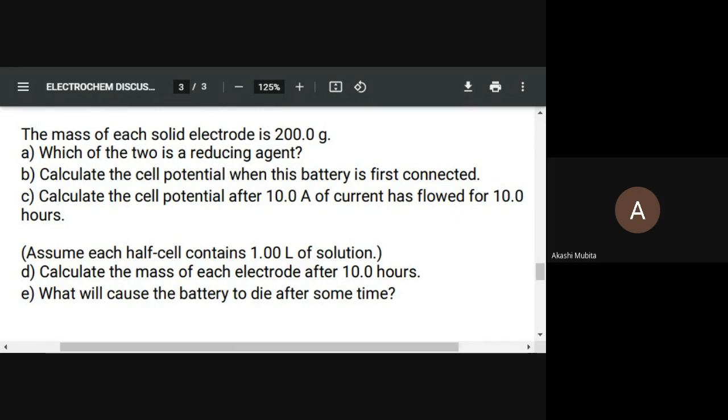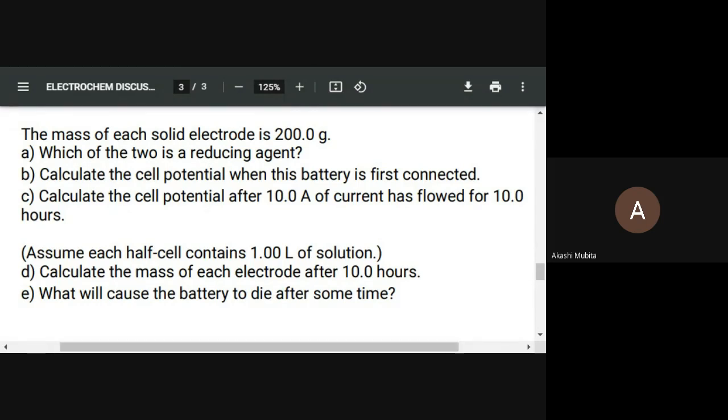Now question C is, may I share my board now? Okay, share your board to solve question C. Question C is saying calculate the cell potential after 10.0 amps of current has flowed for 10 hours.